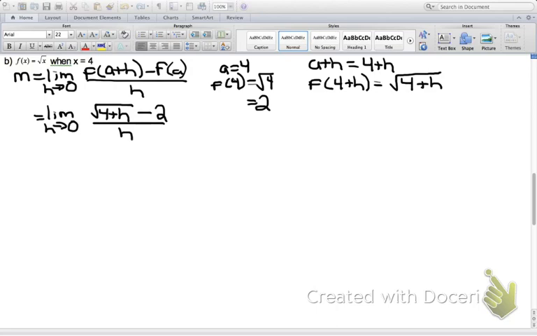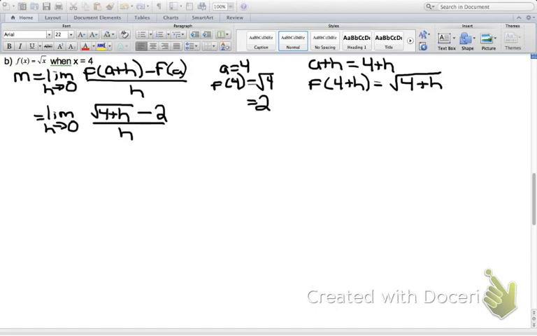Notice here we have an h value on the bottom, and we also have our square root of 4 plus h minus 2 in our numerator position. There's nothing that I can actually factor out, so I'm not able to cancel our h in the denominator position.